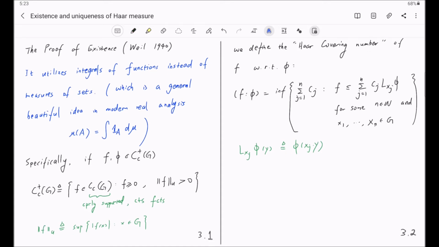Now, if you just look at this set and this infimum, namely the definition of (f : phi), there are some basic questions you might want to ask. Those questions should be like mathematical instinct for you. I'll let you think for a while what questions you want to ask, and then I will tell you the questions.